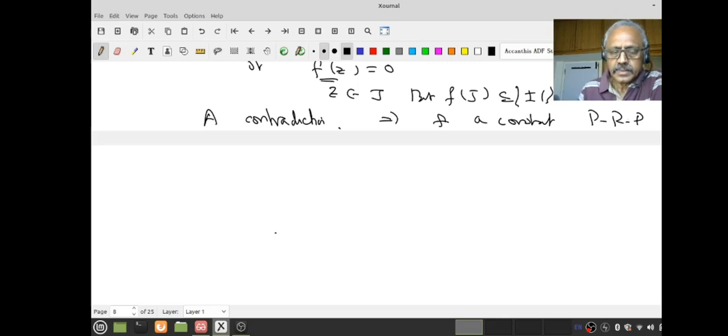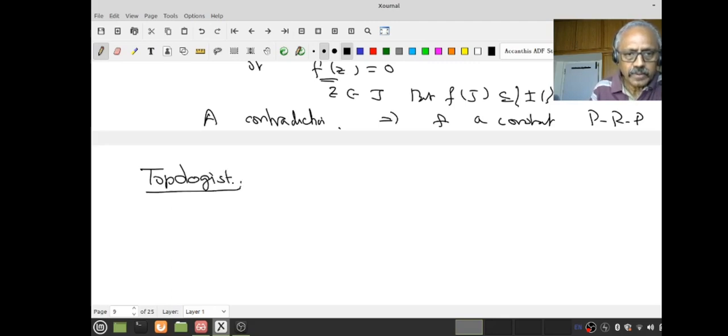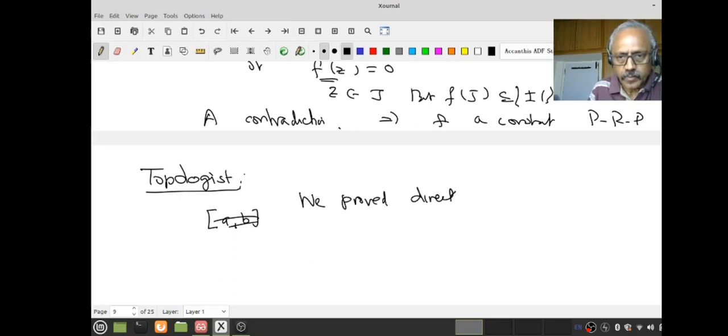Okay. Now, the topologist's version is different. Let us note that we already proved directly that any interval J in R is connected.